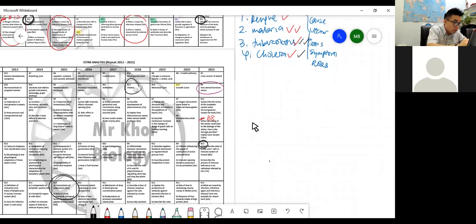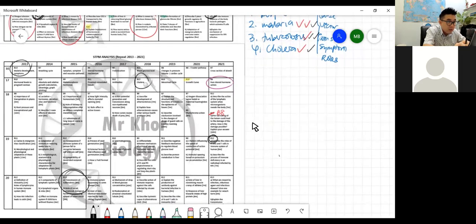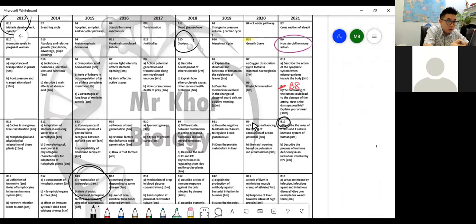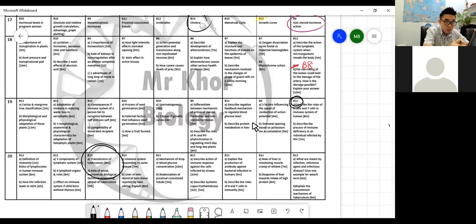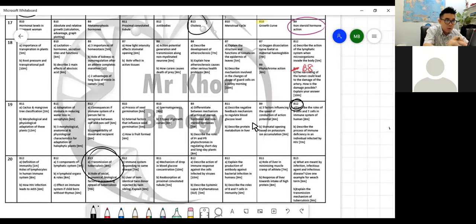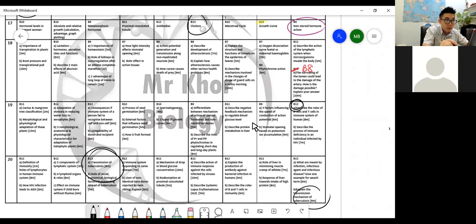Tuberculosis, malaria. I think that's that. Let's see, tuberculosis. Okay, yeah. So guys, I think that's that.